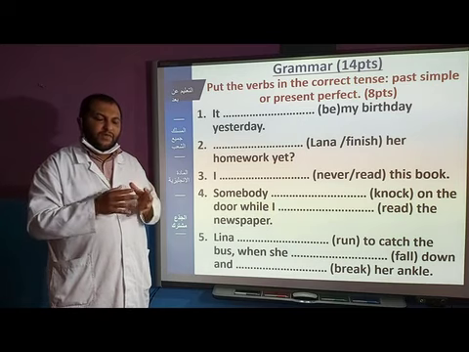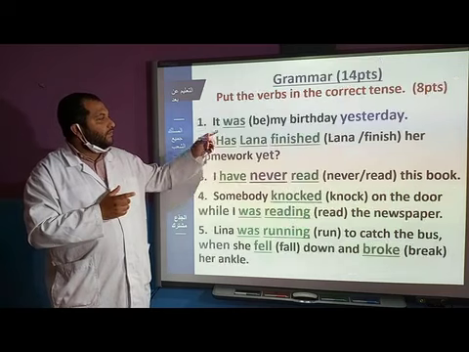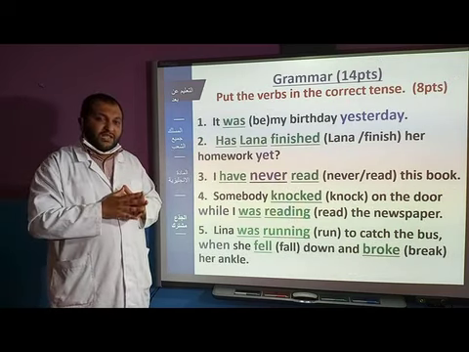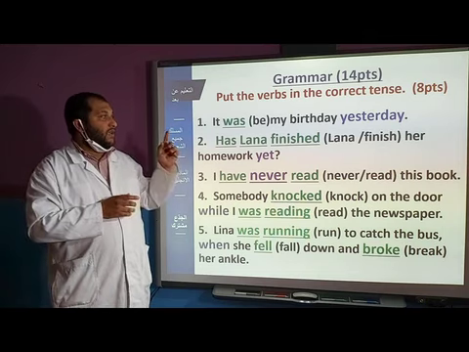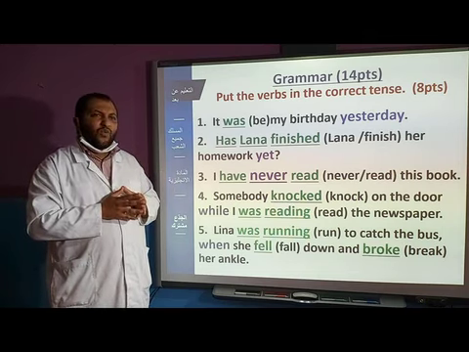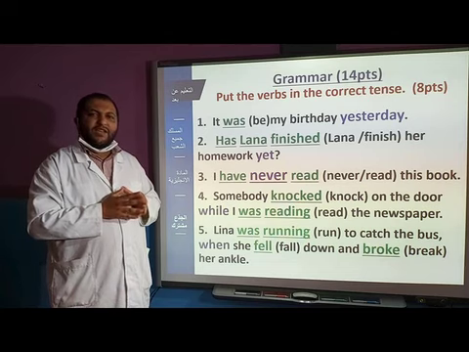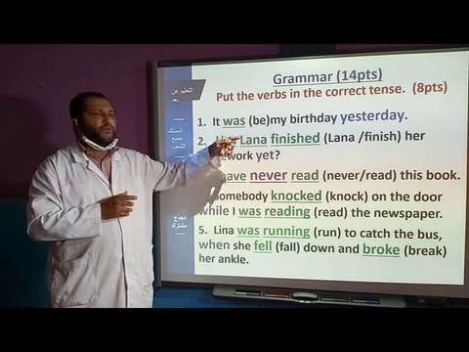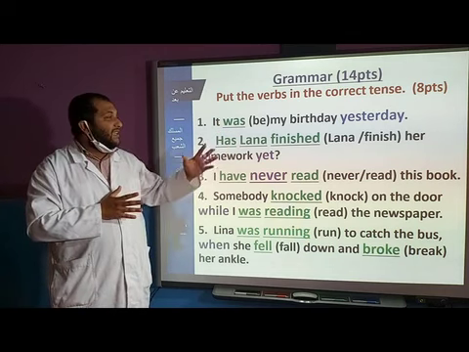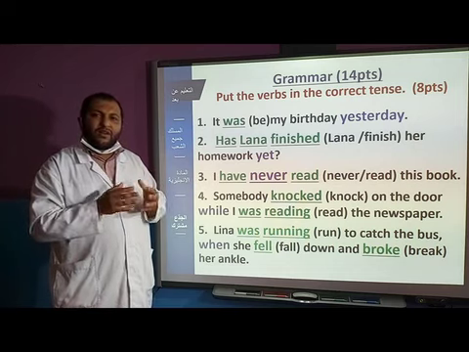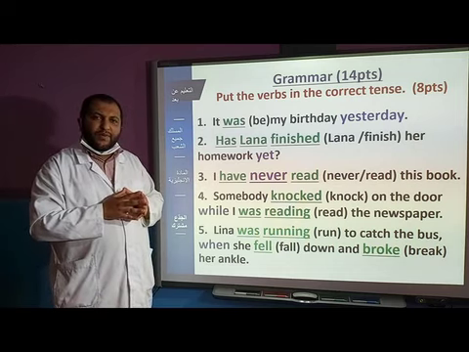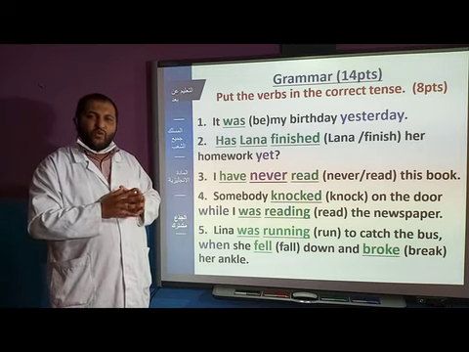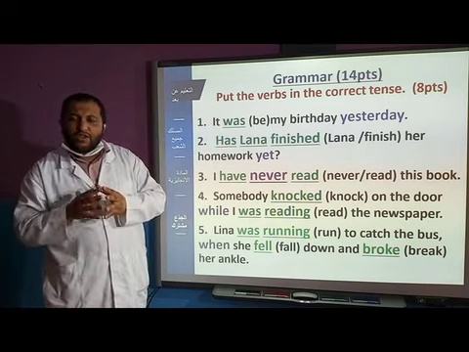Shall we correct? Okay. Number 1. But please try to justify your choices. Number 1. It was my birthday yesterday. Was is the verb to be in the past. It is an irregular verb. To be in the past has 2 forms: was and, yes, great, were.